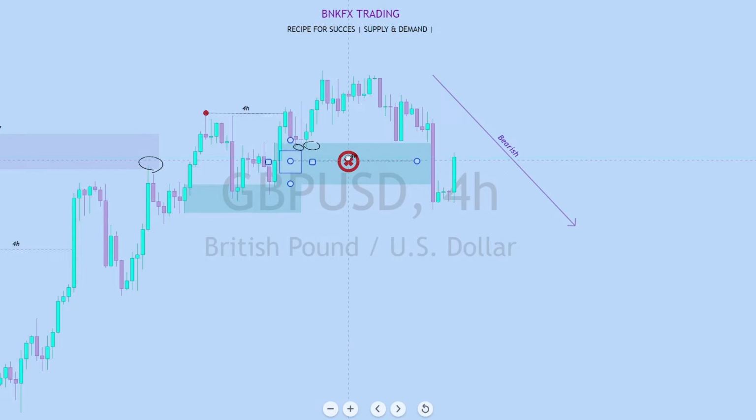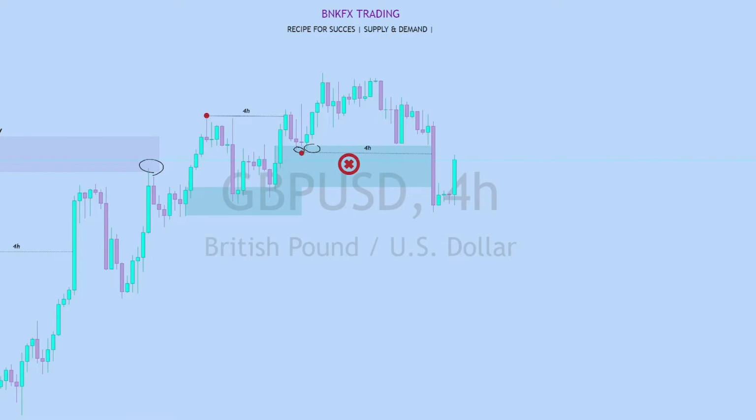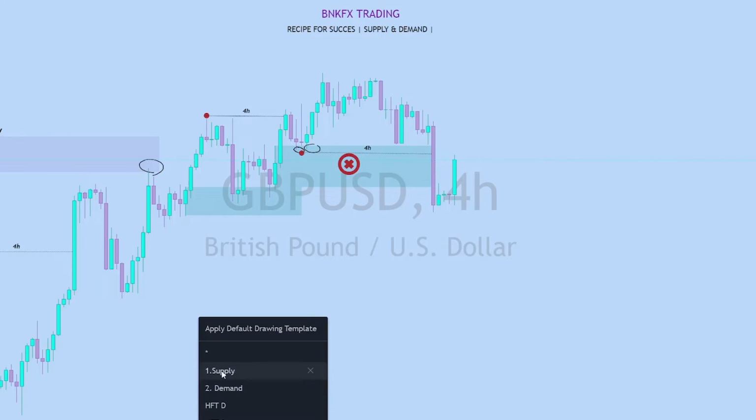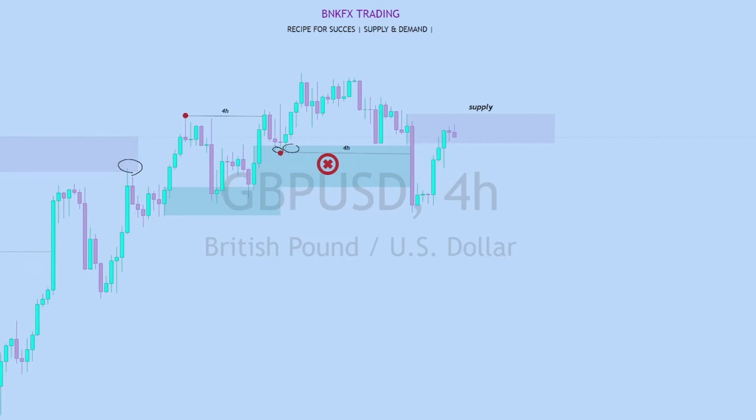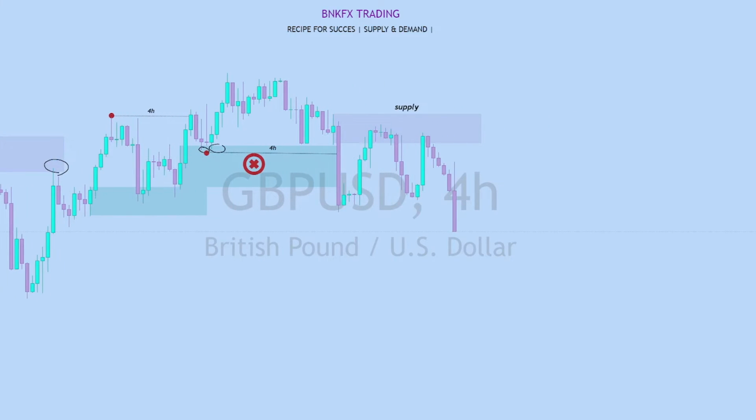The trend is changing direction after the liquidation of this low. There is also a valid supply zone from which we expect the price to react. This area is still valid because the breakup structure has not yet occurred.